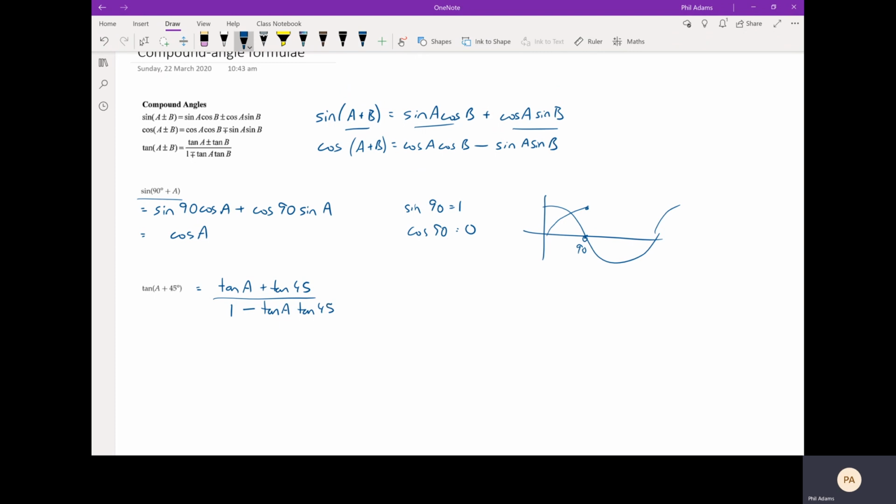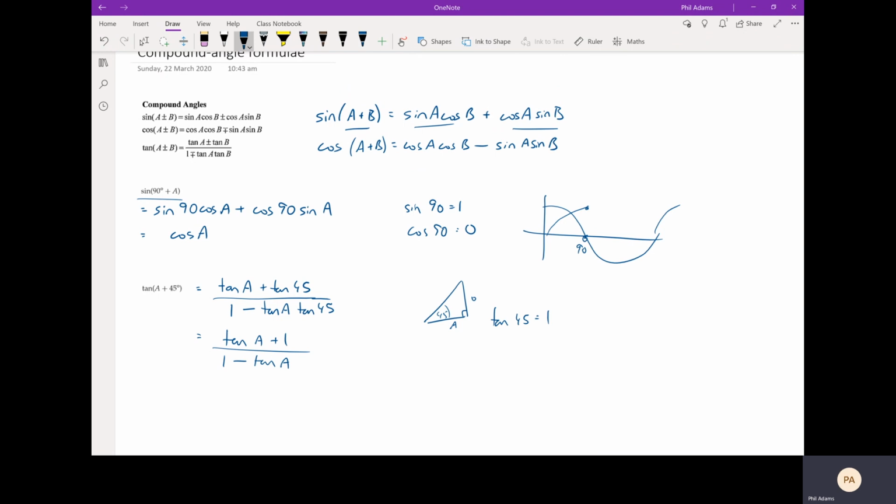And then hopefully you realize from a 45-degree triangle that tan, which is opposite over adjacent, will be 1. So therefore, we can simplify this slightly by saying that will be tan A plus 1, and then we're going to have 1 minus tan A on the bottom, and that will be the simplification of that.